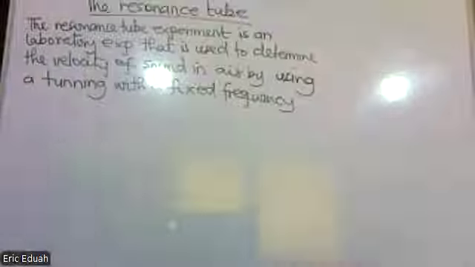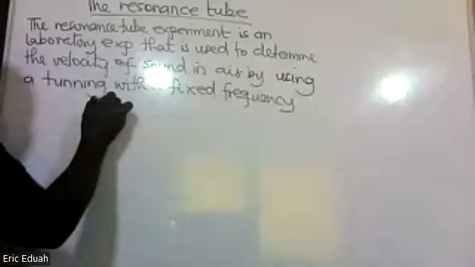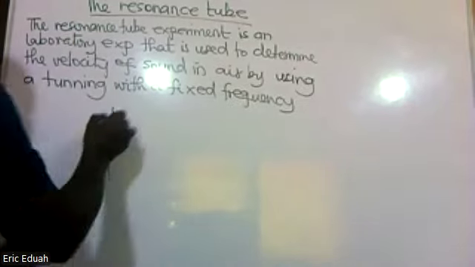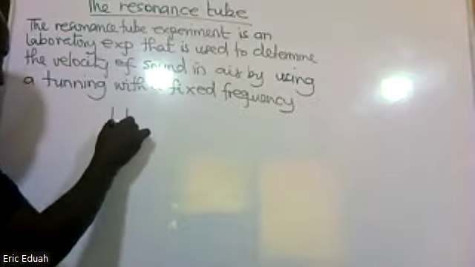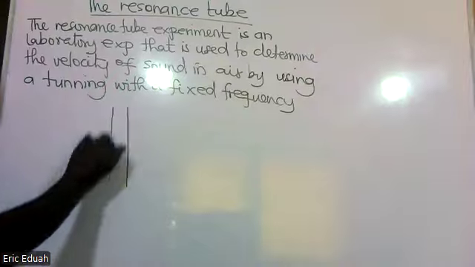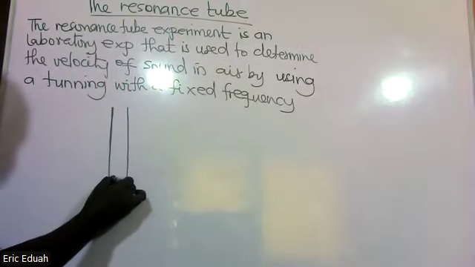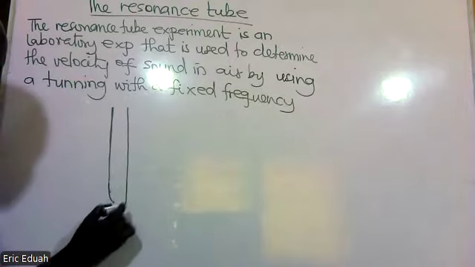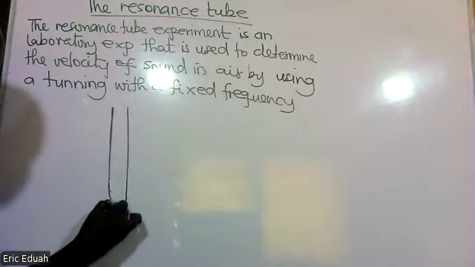Now, the resonance tube setup is just like the burette. We use the burette as you use in your titration experiment during chemistry. Then we incorporate a tap to the end of the burette.